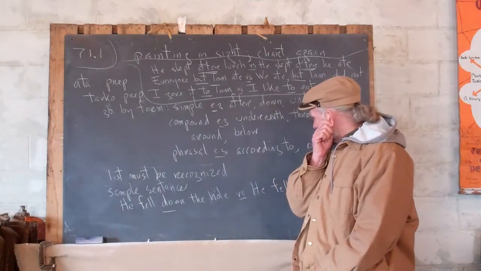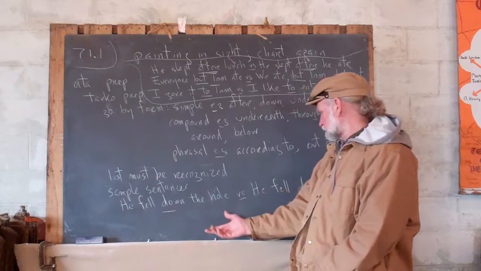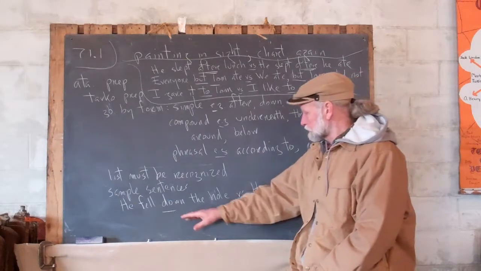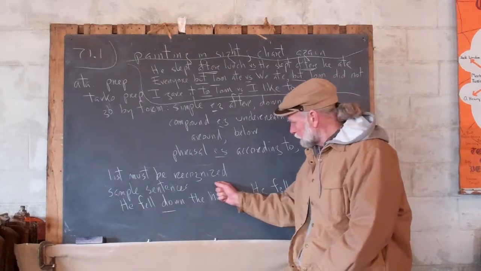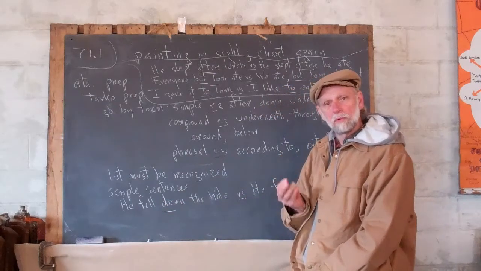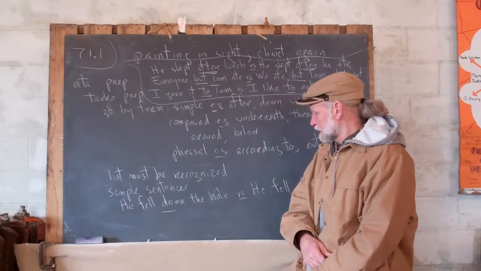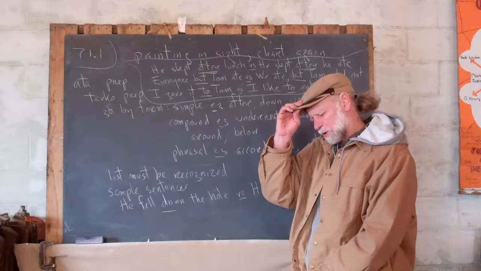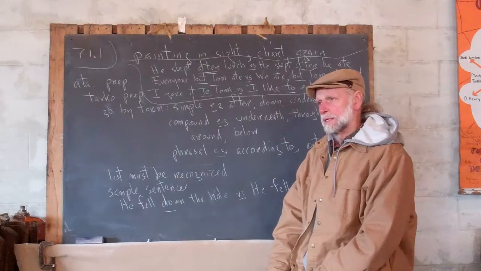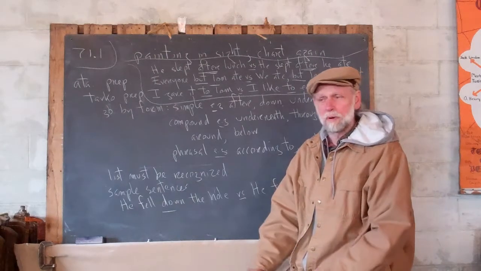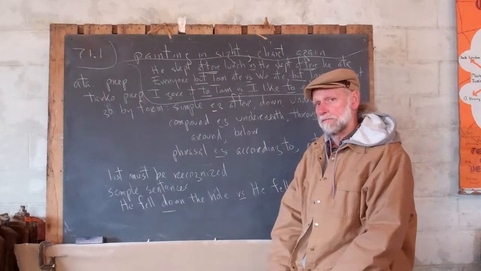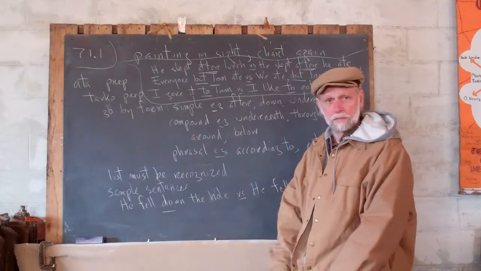In these sample sentences, I already taught you about this. If you say he fell down the hole, well, a preposition is a word that begins a prepositional phrase. And you know why I go with that bad definition? So what's a prepositional phrase? I rely on the fact that you simply need to recognize them.